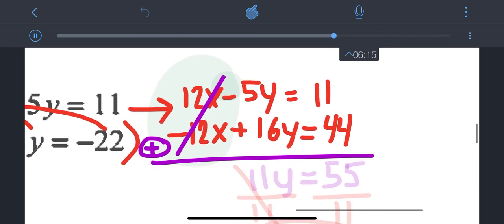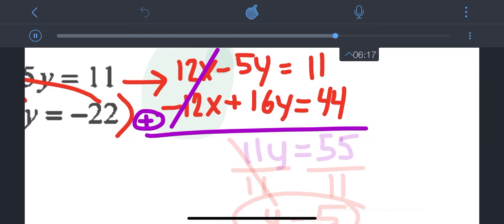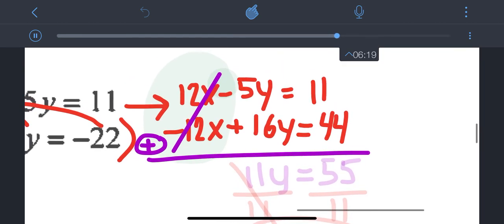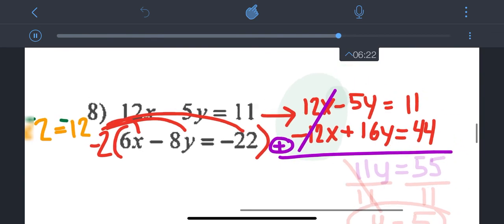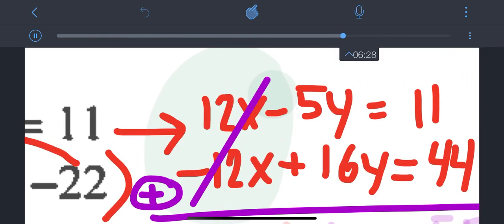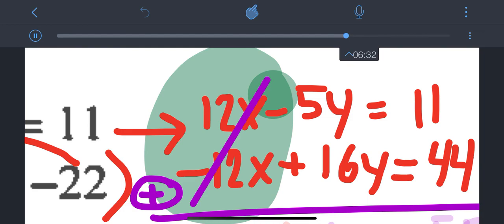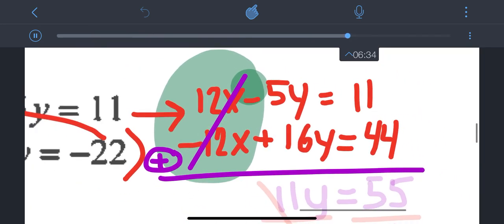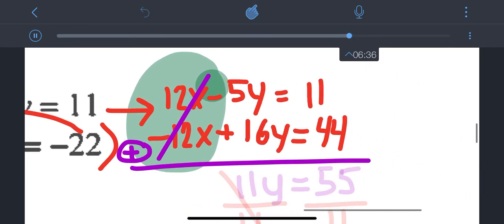So it kind of takes a little bit of thinking, a little bit of number sense, right? You want to try to figure out what you could multiply anything by so that you end up with numbers that are exactly the same but opposite signs, like we have right here. Okay? So now all that's left is to solve. So we know that the x's cancel.